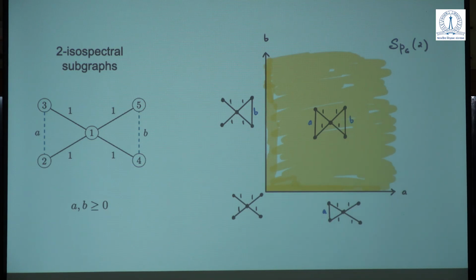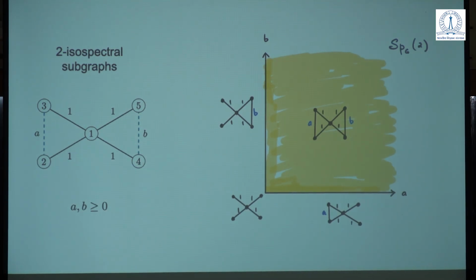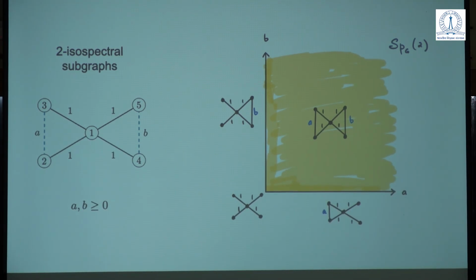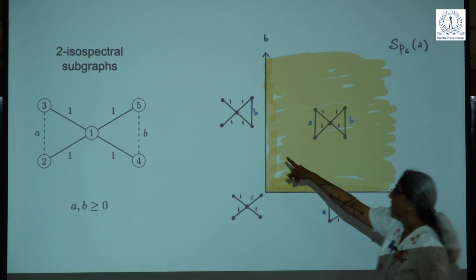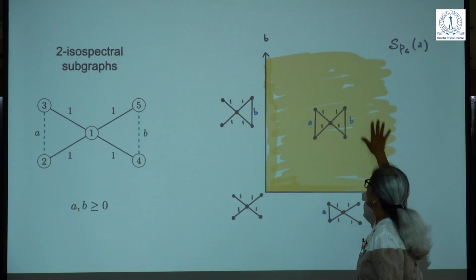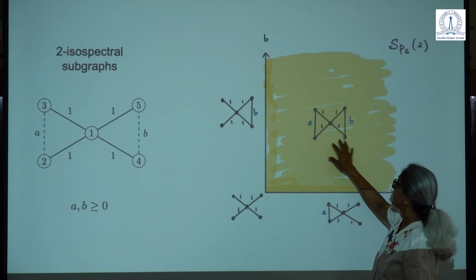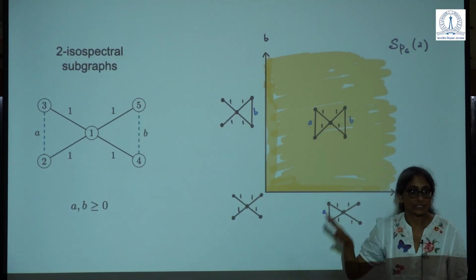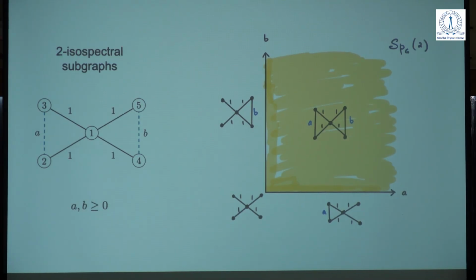As A increases along the A-axis, you parameterize all the graphs that look like the bottom. Similarly, on the B-axis, you get all the graphs that look like this. And in the interior, you get all the graphs that have all the edges, but A and B are whatever you want to pick. If I pick A to be 2 and B to be 3, I'll get a dot at (2, 3), which carries that particular graph.